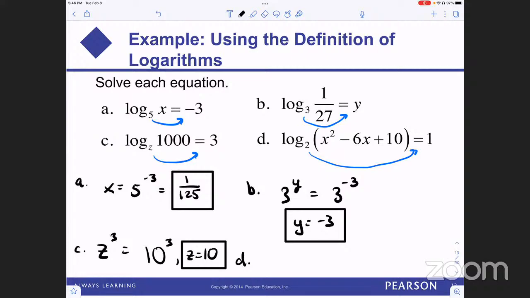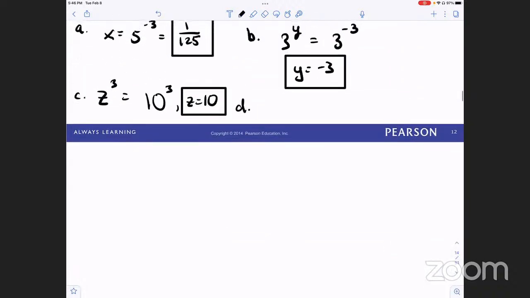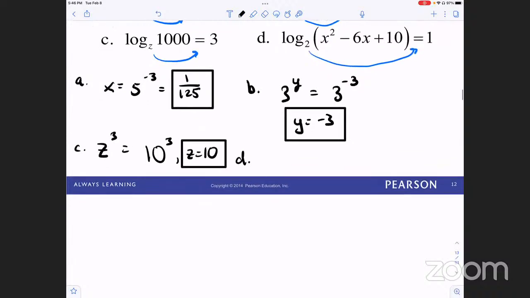We might need some more space. Yeah, let me give myself some space. For part B, let's move this guy.